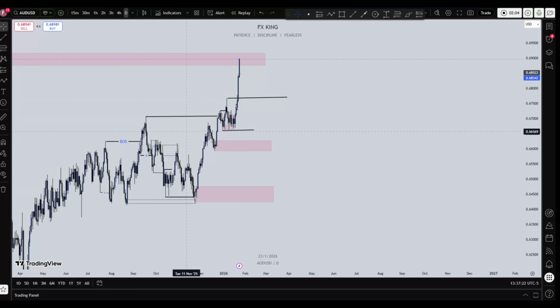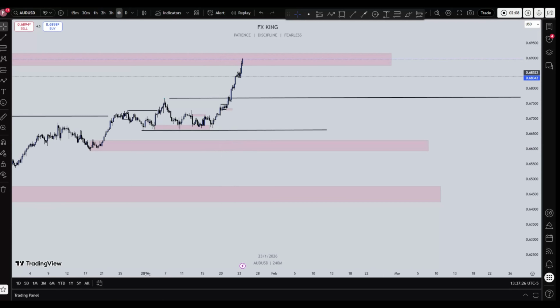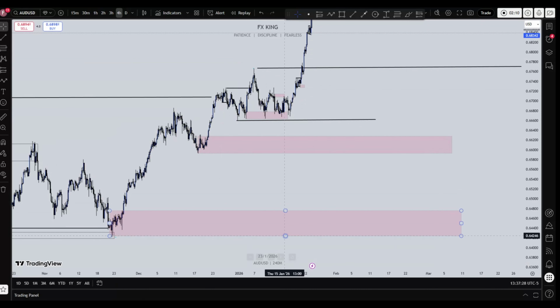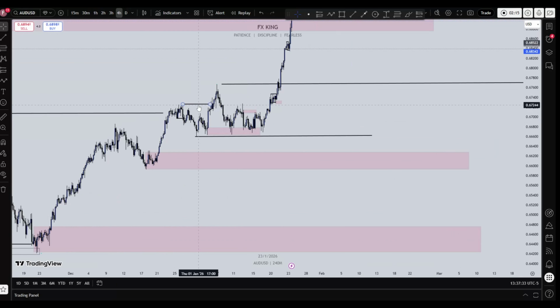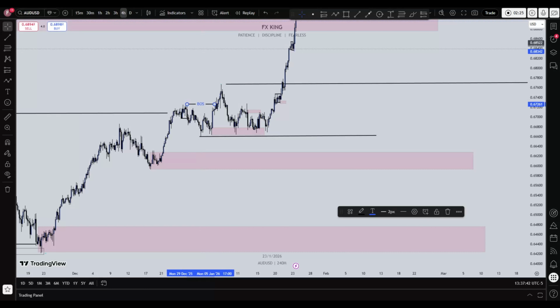However, when we dropped down to the 4 hour time frame, I then re-marked this structure here, right? I then re-marked this structure and told you that we had a break of structure at this level. We had a BOS at this level. We also had this BOS here, right? This was also a BOS.